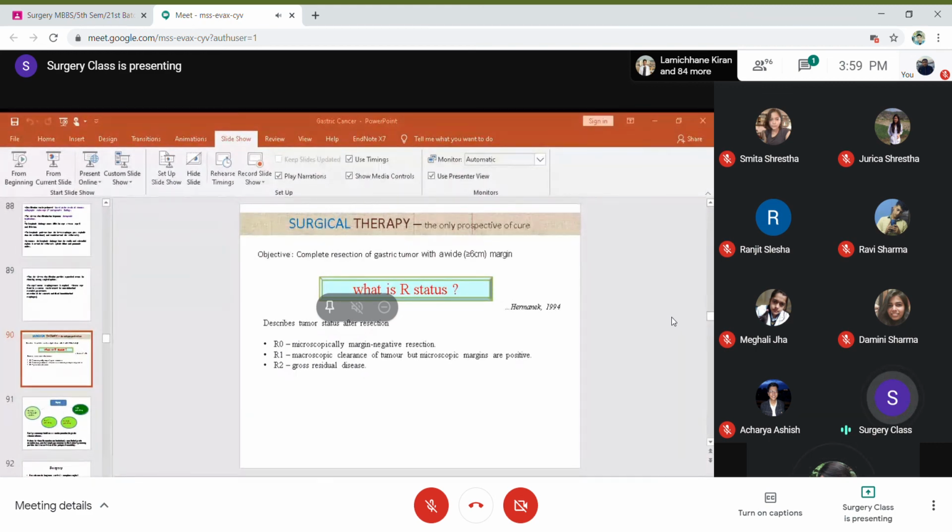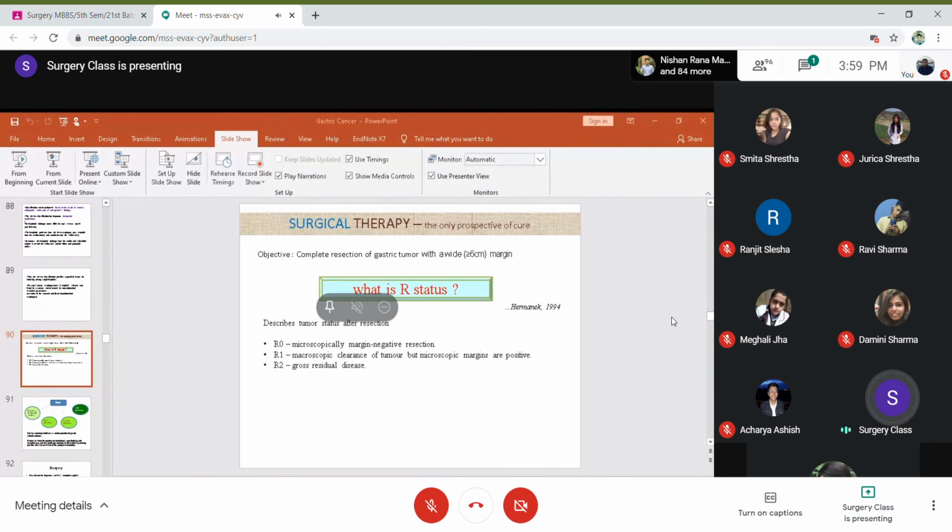Okay, it is found like that. People who take a lot of salt, a high salt diet, and people who are blood group A are more susceptible to stomach cancer. But it is an unknown phenomenon. Those are only minor risk factors.